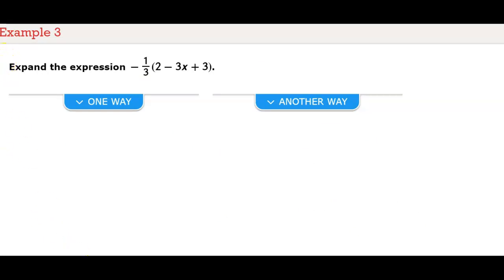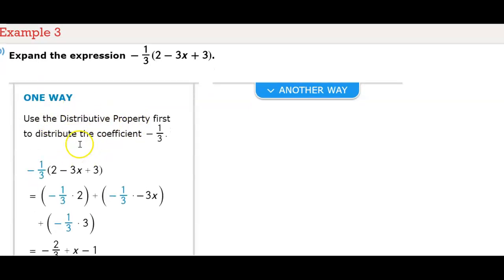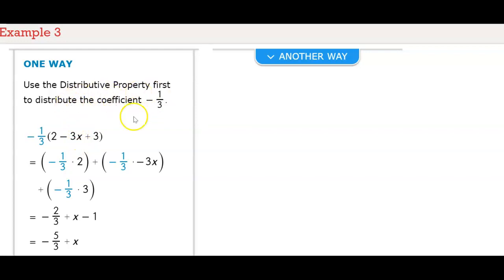Expand the expression negative 1/3 times the quantity of 2 minus 3 times x plus 3. One way is to use the distributive property first to distribute the coefficient negative 1/3. So we have that negative 1/3 as the outside number that's being multiplied by each term on the inside of the parentheses.